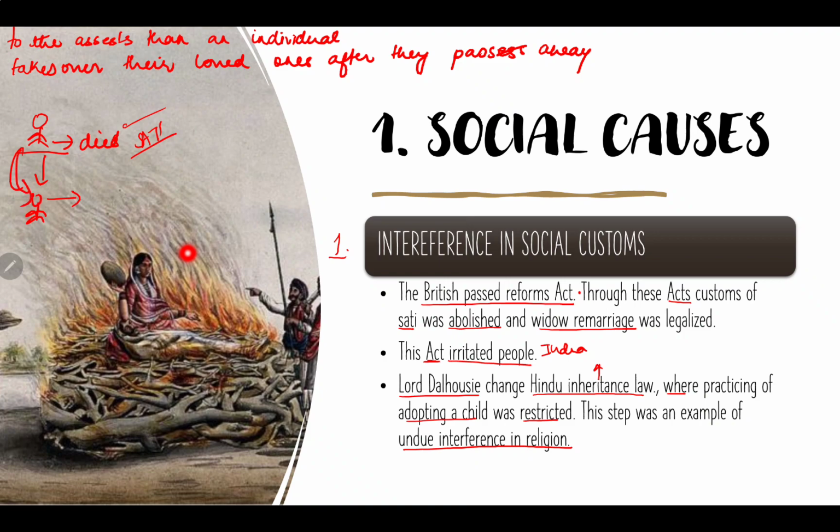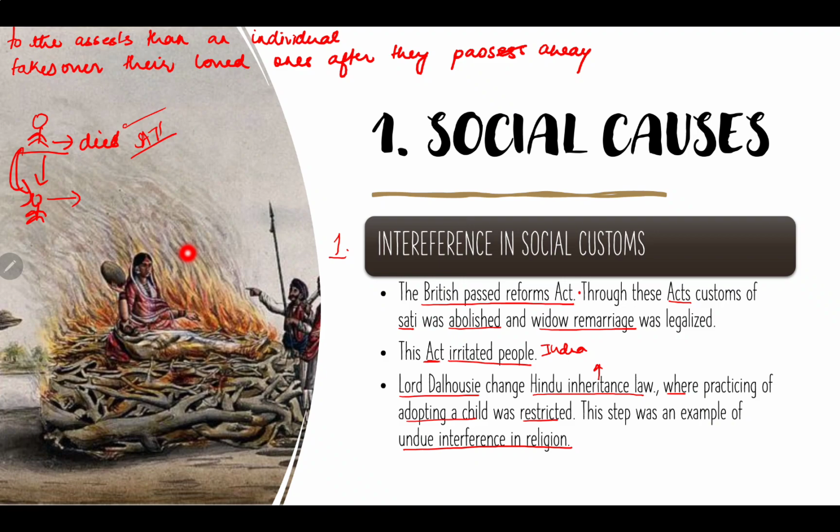Lord Dalhousie changed the Hindu inheritance law, where adopting a child was restricted. If parents didn't have any child, adopting a child was not legalized, but when the Britishers came to India they changed this act also.